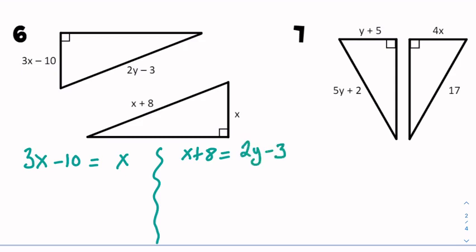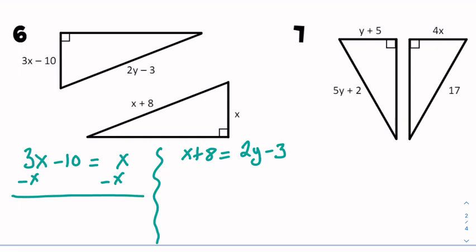Now, when we go to solve this, I can't solve this one yet because I have two variables I don't know. But one of the variables I don't know is x, and when I solve this guy, I'm going to find out what x equals. So let's start with this one. I'm going to start by subtracting x from both sides. I do that because I like to subtract the x with the smaller value.